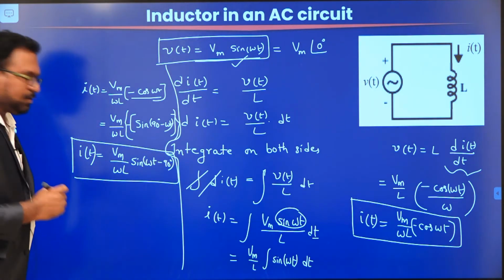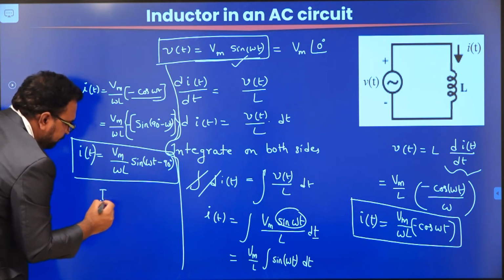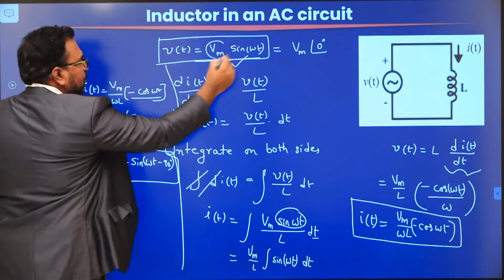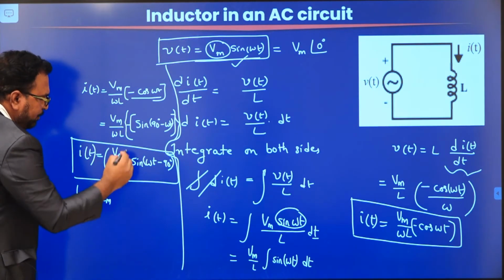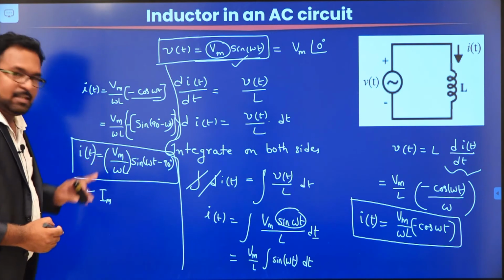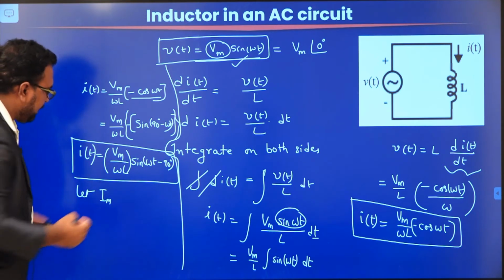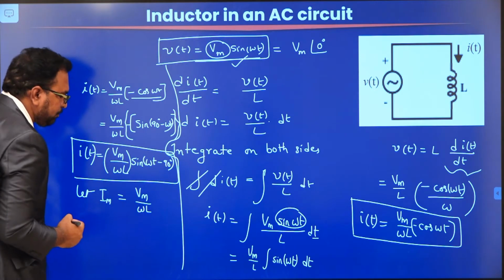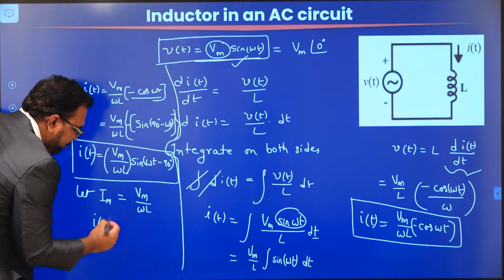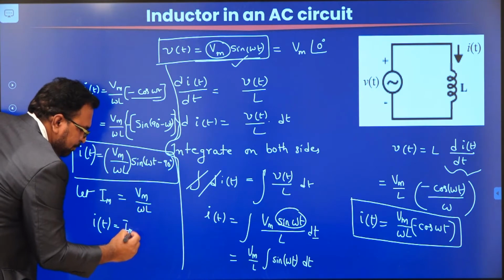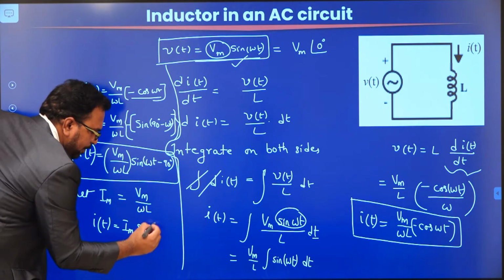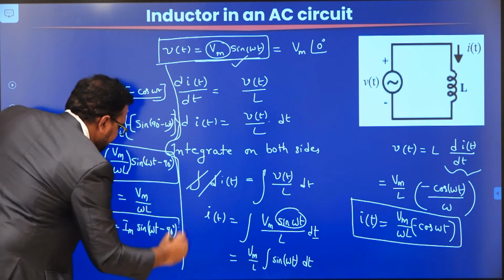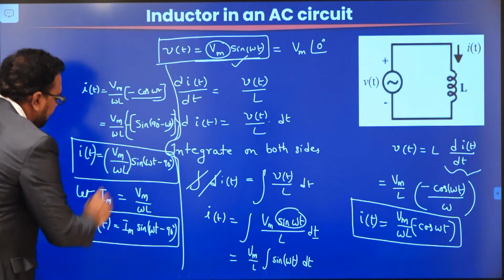Since Vm is the maximum value, the coefficient obtained in the current is also considered the maximum value of the current. So let Im equal Vm by omega L. Then finally the expression for current I of t is Im sin of omega t minus 90 degrees. This is the final expression for current.